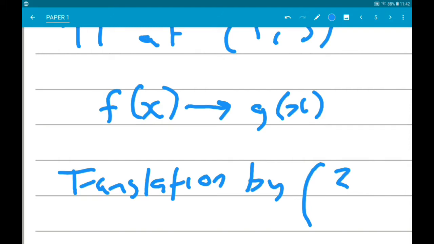And then our y coordinate has gone from 7 to 3, so that's minus 4.